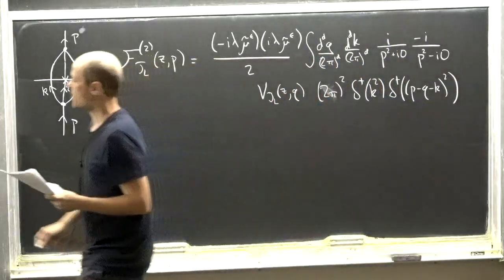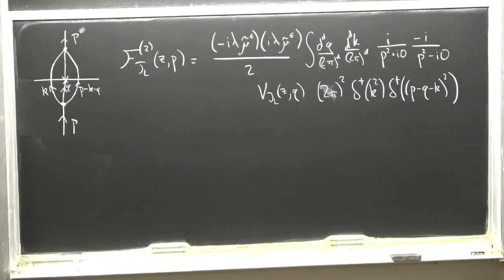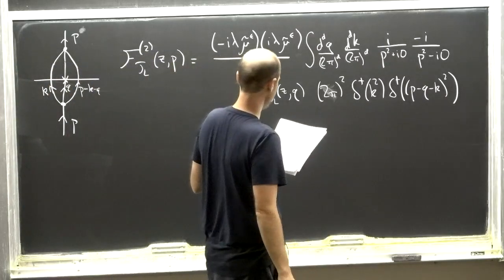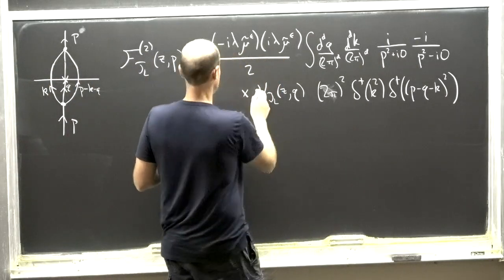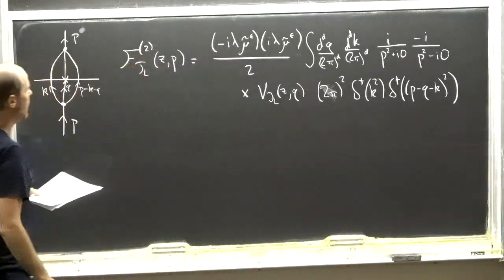And I should have defined this notation a little bit earlier. What I mean by delta plus is this delta of p squared with the theta function that imposes that it be future directed. Okay, so this is the integral that we have to do.